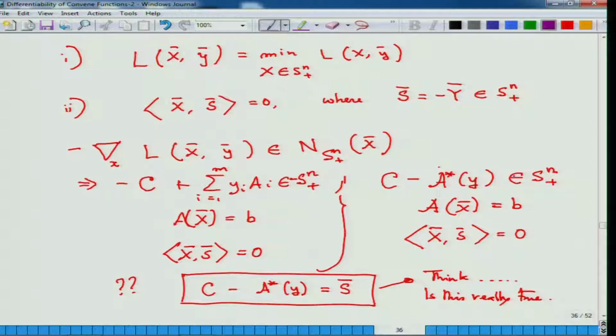The thing is that this s bar that you see here is an extra condition that we get when we study SDP. It is not something which is associated with this.